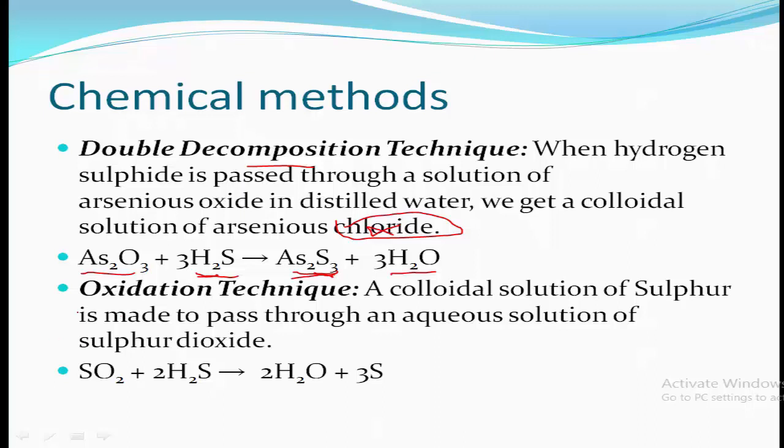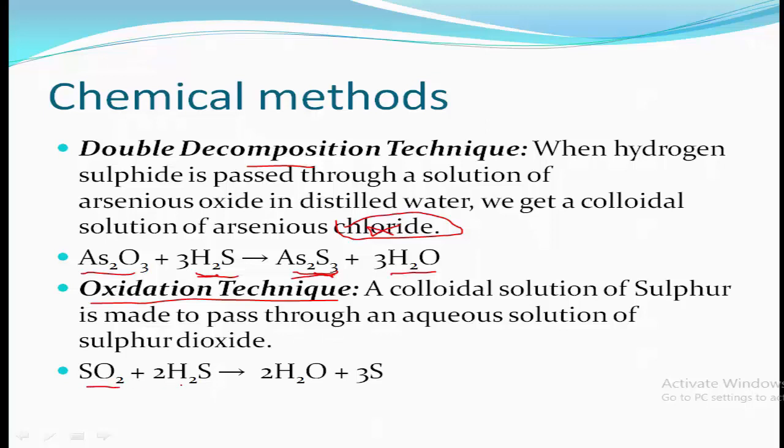Then second one, oxidation technique. What happens during oxidation? Here a colloidal solution of sulfur is made by passing hydrogen sulfide through an aqueous solution of sulfur dioxide.